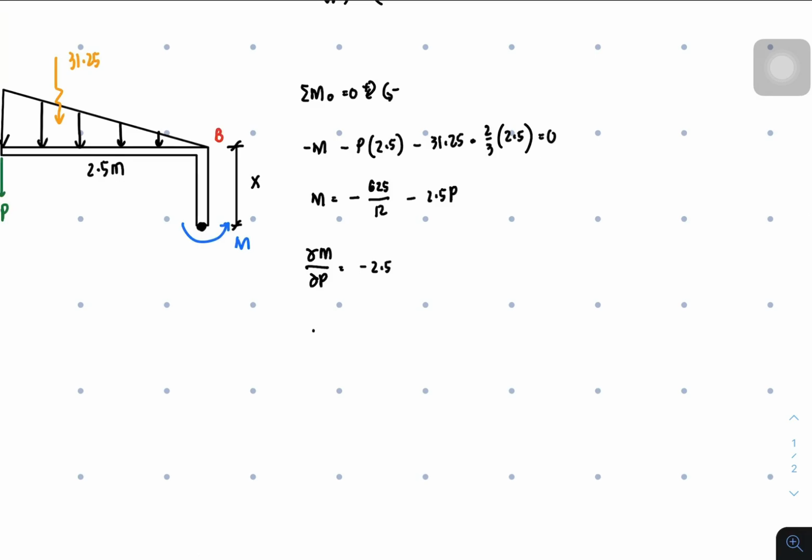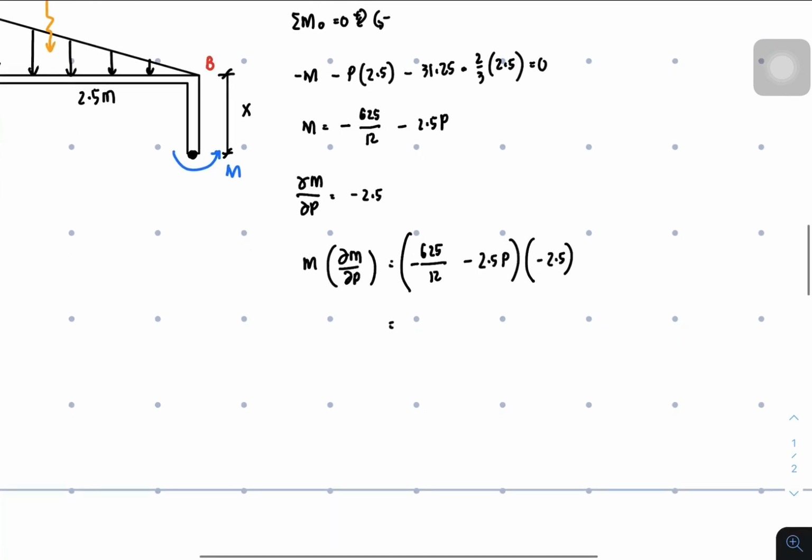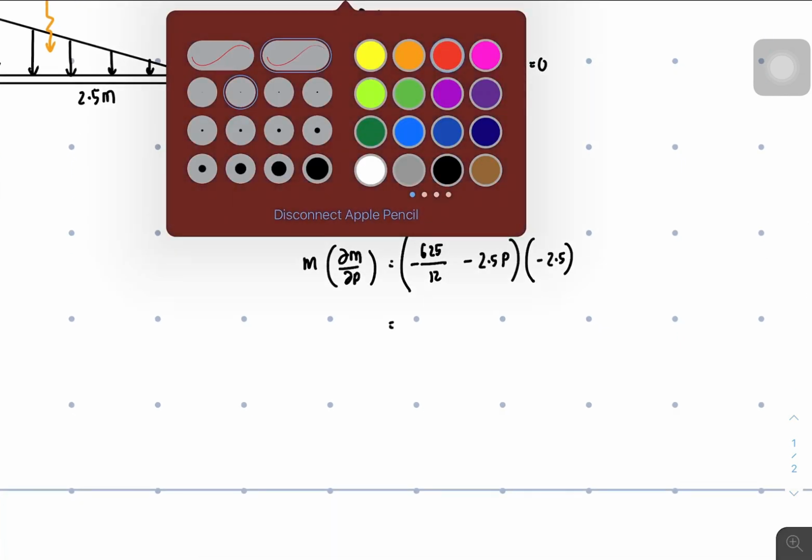So the final product of the two terms is now negative 625 over 12 minus 2.5 p times negative 2.5, or we can just cancel that out, the negative.